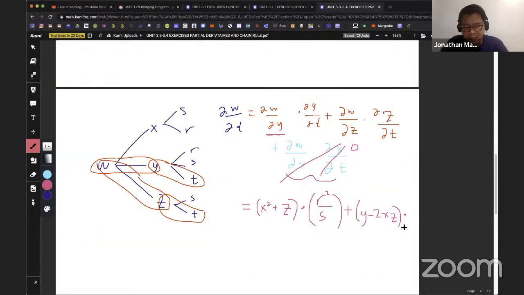Lagay ka na lang dito sa baba. Cosine T. Okay? So that is the partial of W with respect to T. Okay? So that is about chain rule for partial derivative.